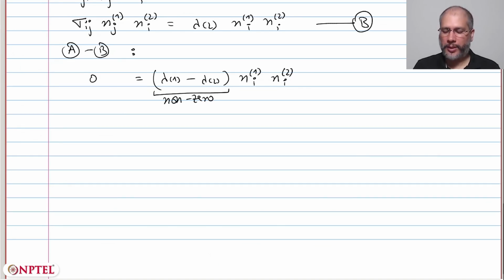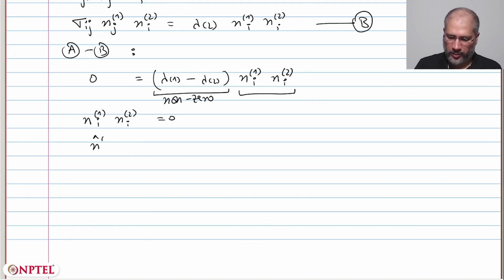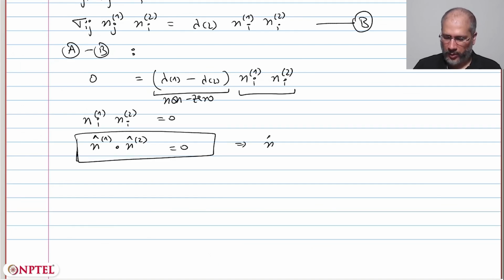So if a product of two scalars, because n1i n2i is also a scalar, is 0 and one of them is non-zero, then that means n1i times n2i is 0, which in symbolic notation means the dot product of the vectors n1 and n2 is 0. And this means that n1 is perpendicular to the vector n2.